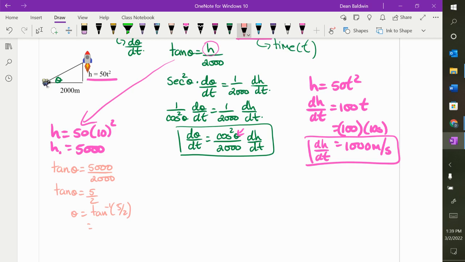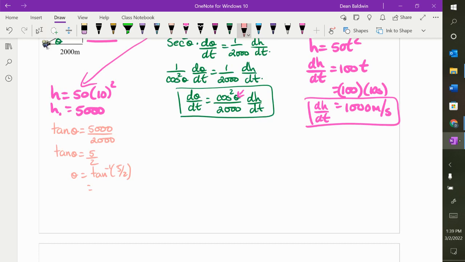Because you can't just insert degrees as a unit if it doesn't make any sense. But if you're putting it into another trig function, it doesn't matter if you enter pi over 4 rads or 45 degrees, it's the same thing. So the inverse of that gives me 1.19 rads. So that's my theta.